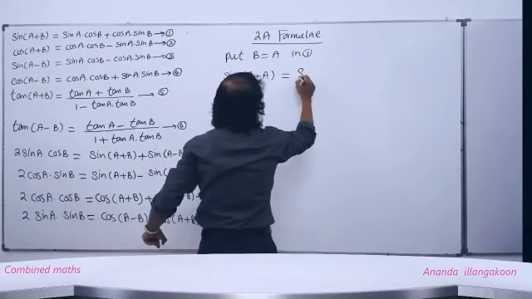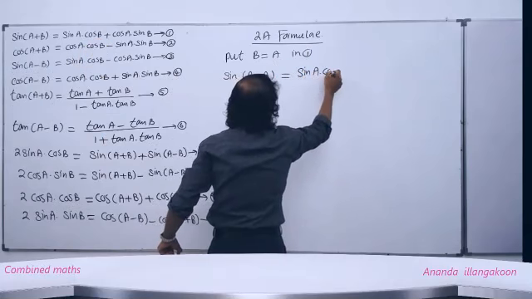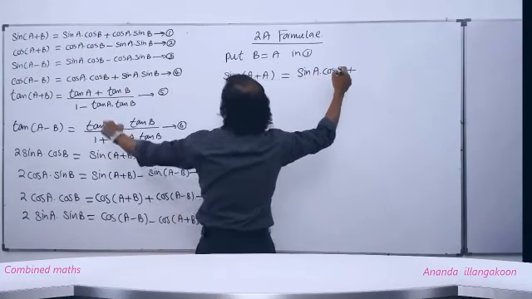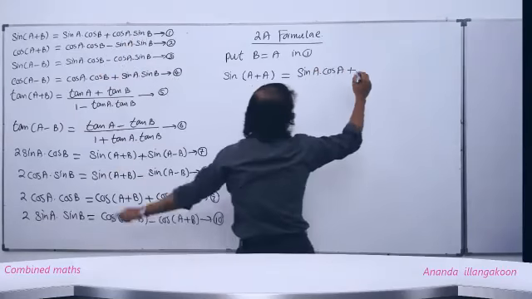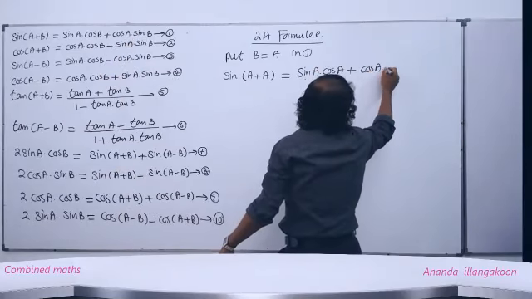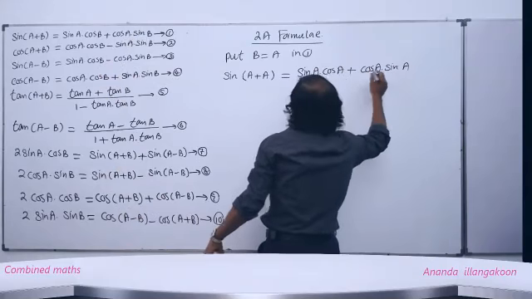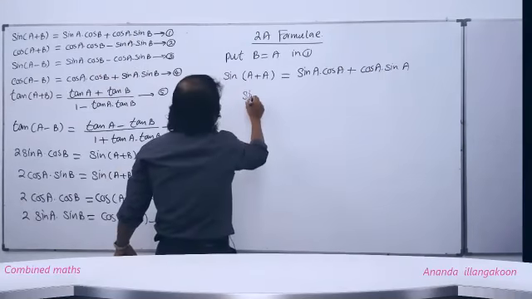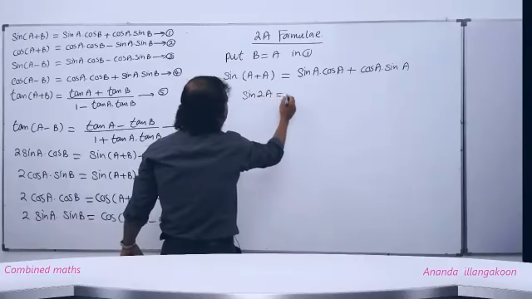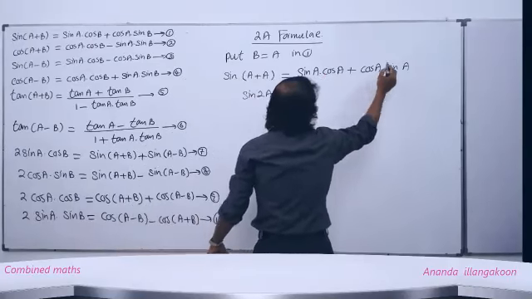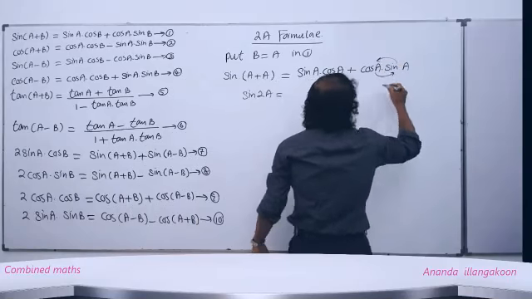Sin A into cos A plus cos A into sin A. Right. Here A and A, people, what? 2A, sin 2A. Here this sin A cos A, you can interchange the order.